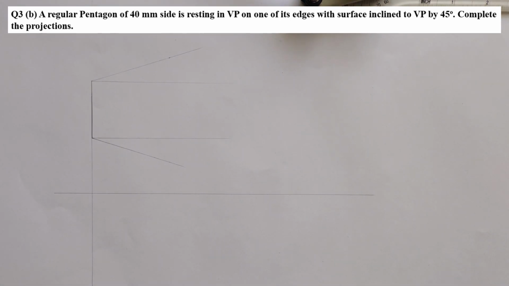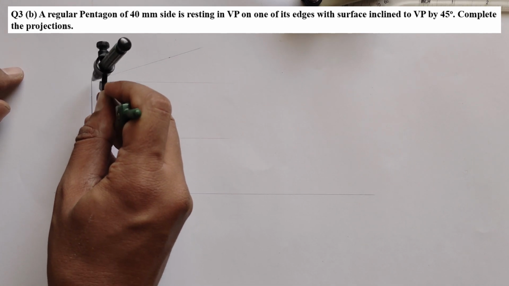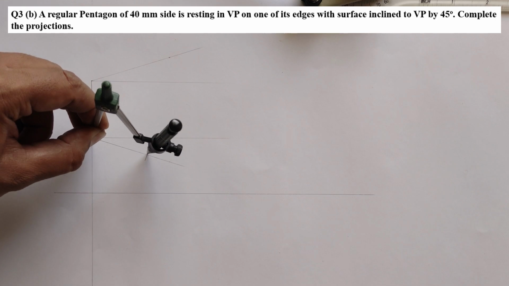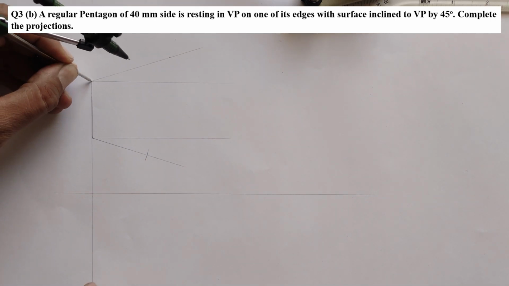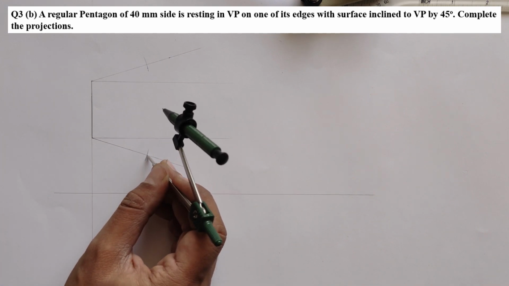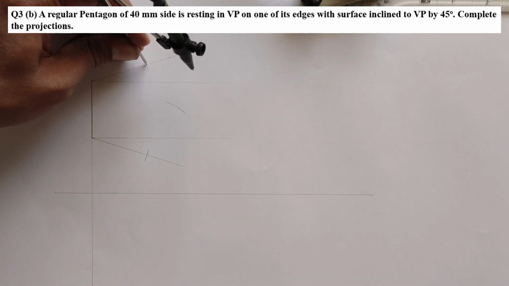Now using compass, taking this distance 40 mm, cutting an arc on this side and this side. Now using these points in order to find the remaining two sides of the pentagon.